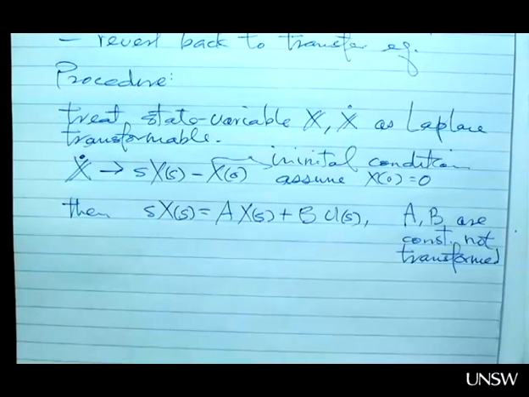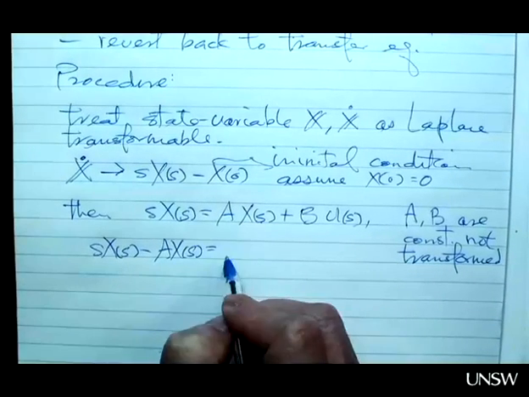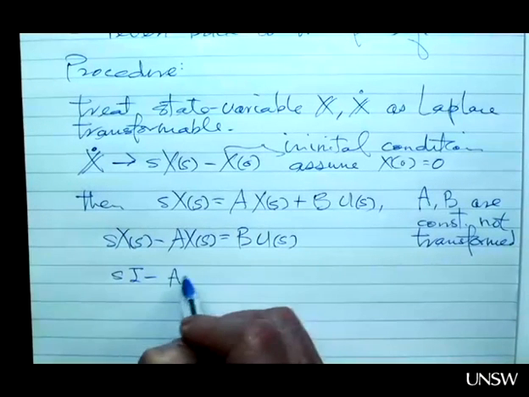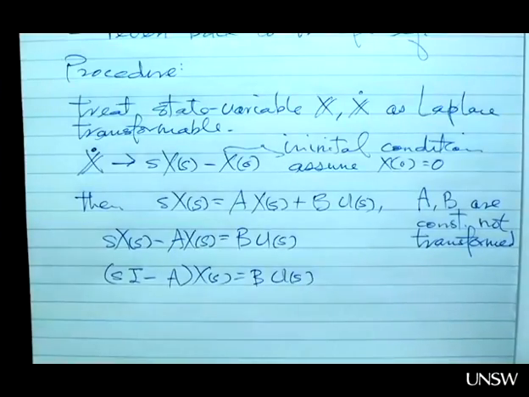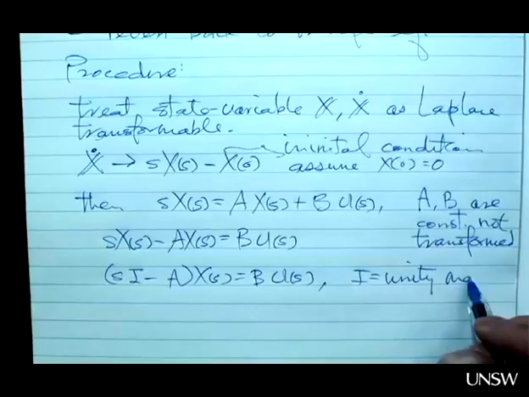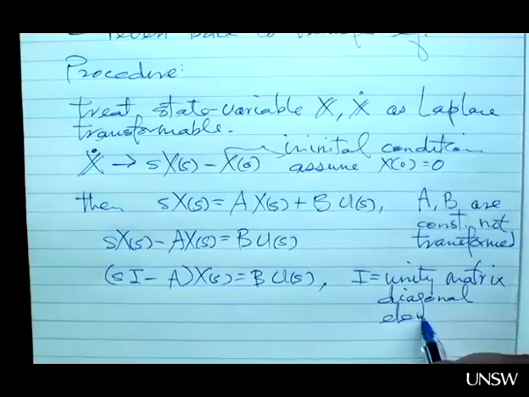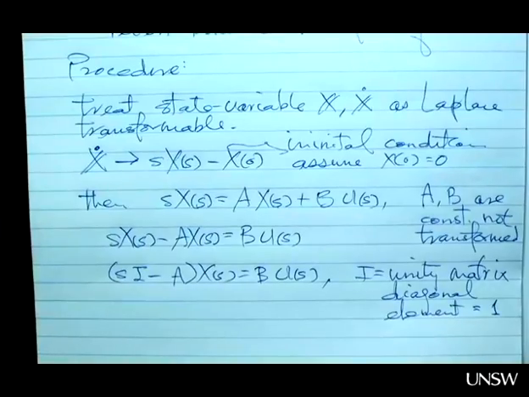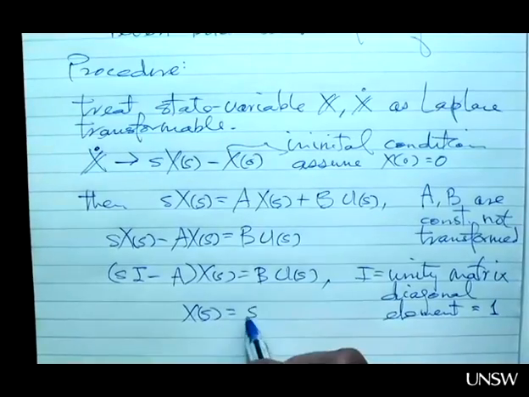Then we have sX(s) minus A X(s) equals B U(s), that is, (sI minus A) X(s) equals B U(s). Here I is the unity matrix, a diagonal matrix with all diagonal elements equal to 1. Then the state variable equals the inverse of (sI minus A) multiplied by B U(s).